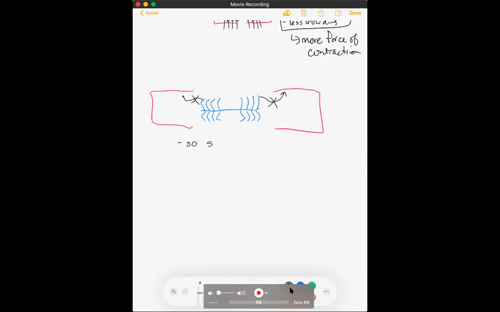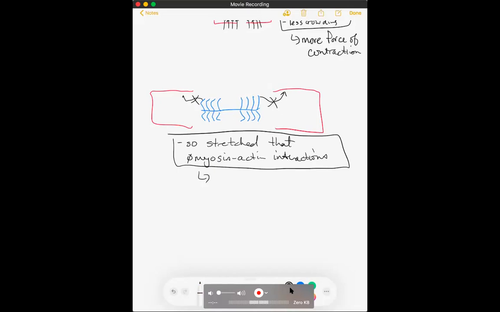It's so stretched that there are no myosin actin interactions. And if you have no myosin actin interactions, you will have zero force of contraction, zero force. And if you have zero force of contraction, your stroke volume is zero. You're not pumping any blood out.